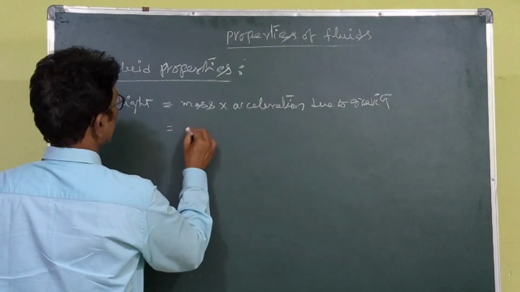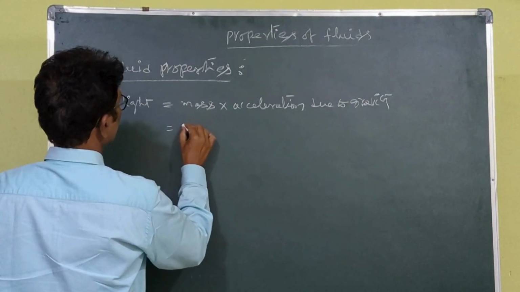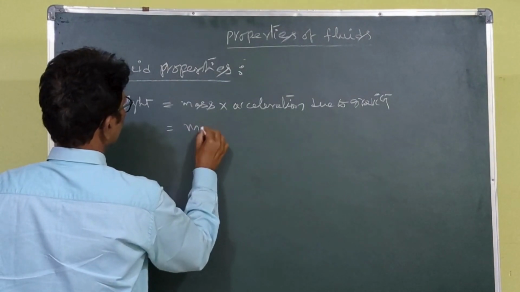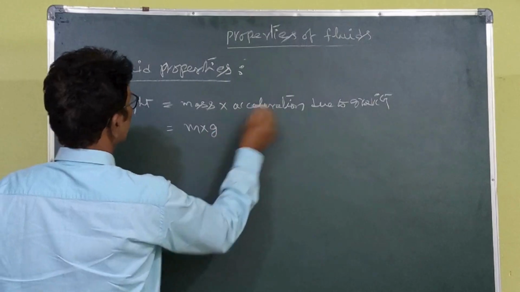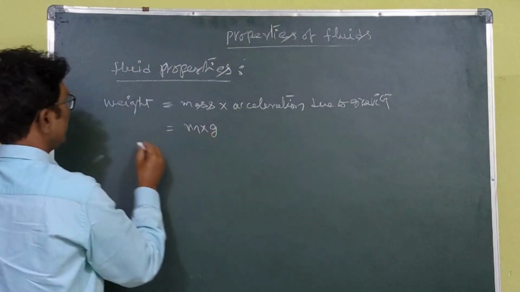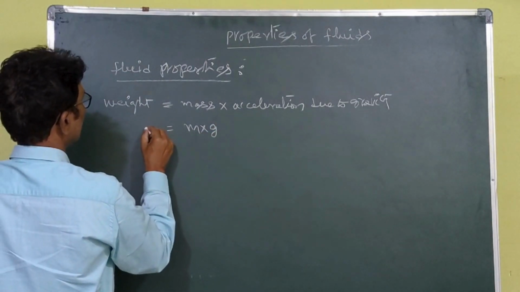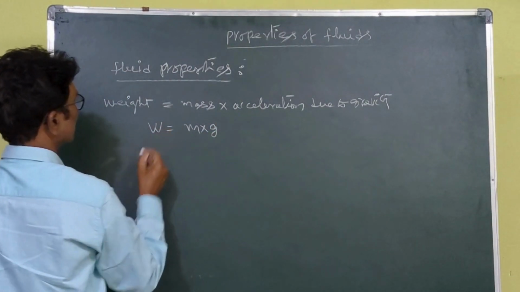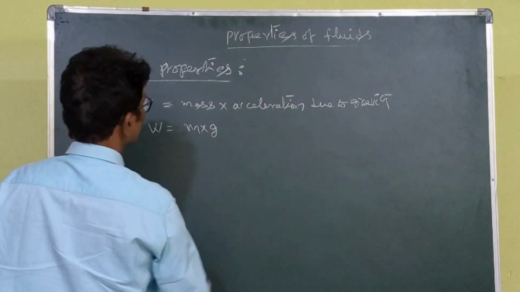Mass is denoted by m, acceleration due to gravity is denoted by g, and weight we can denote by capital W. So W equals m into g, mass into g.